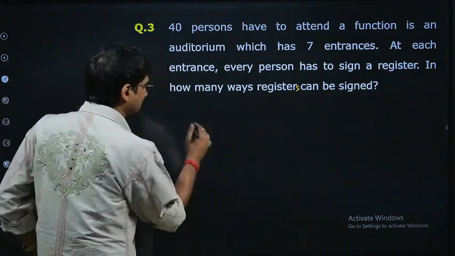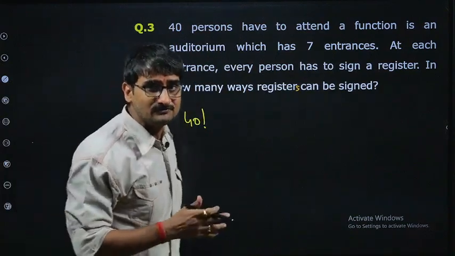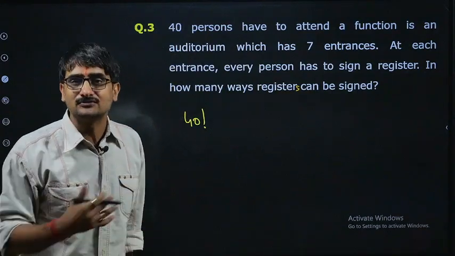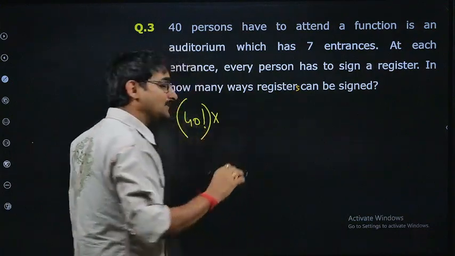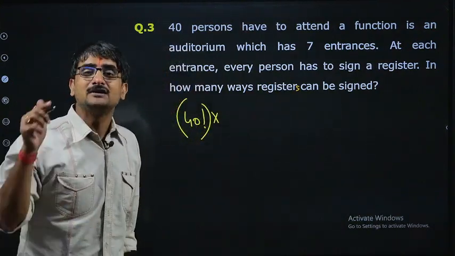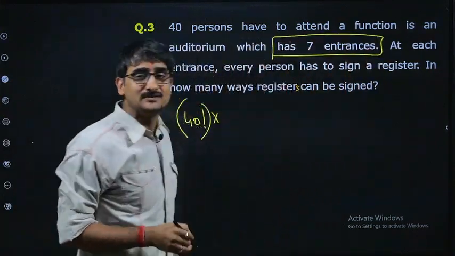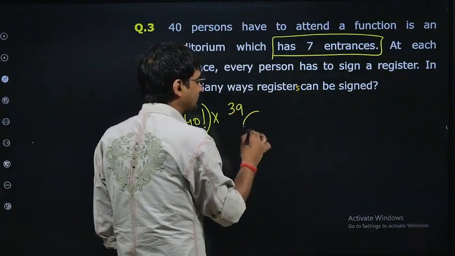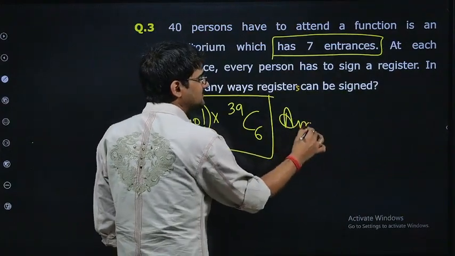In how many ways can the registers be signed? 40 factorial for all 40 persons to get arranged, and then there are 39 gaps. Since there are 7 entrances, we have to divide them into 7 groups, so you put just 6 bars in the 39 gaps, and that should be the answer here.